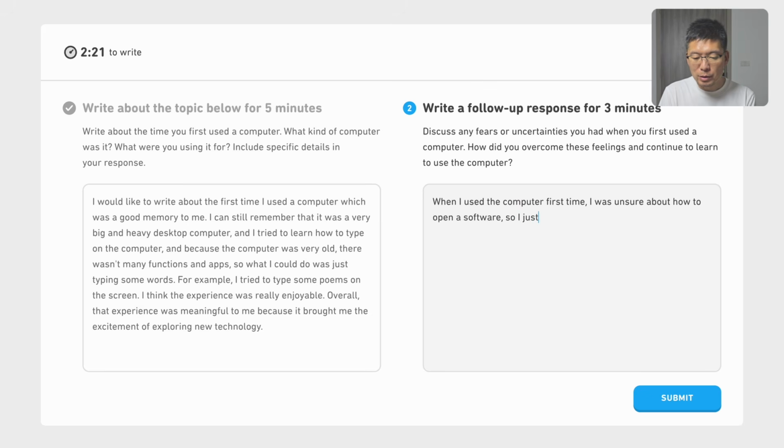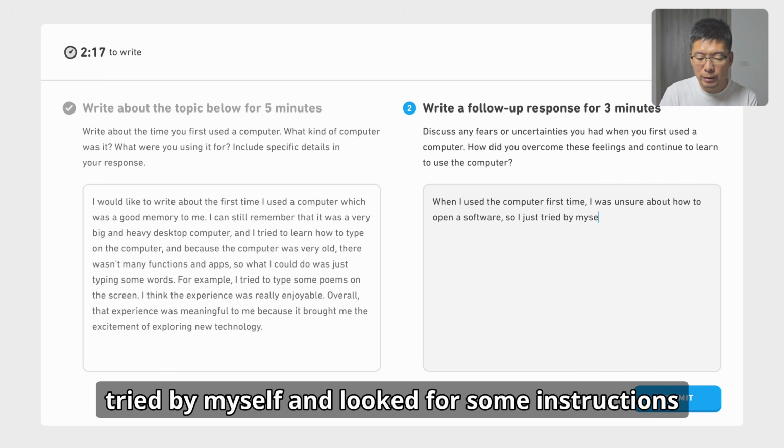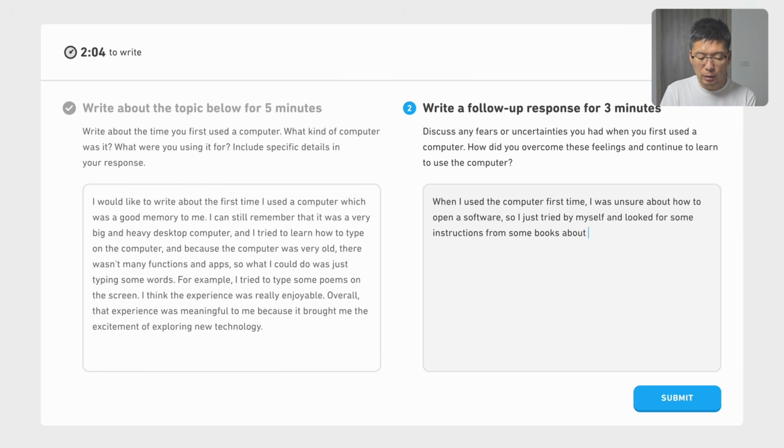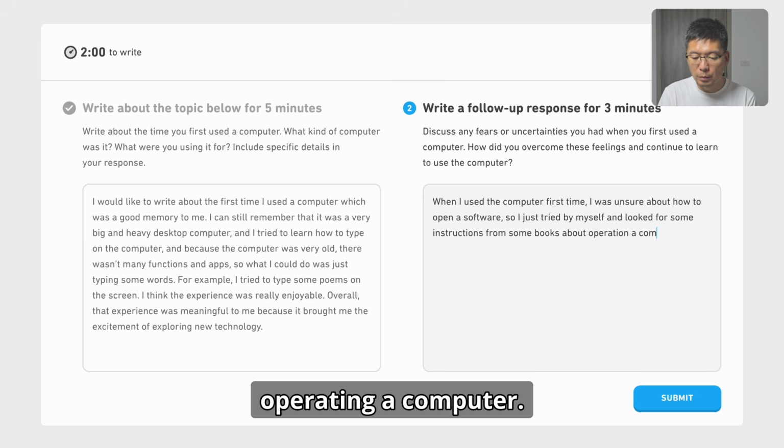So I just tried by myself and looked for some instructions from some books about operating a computer.